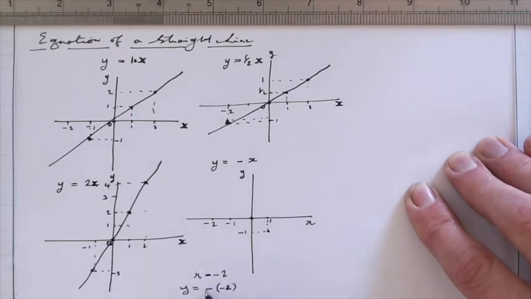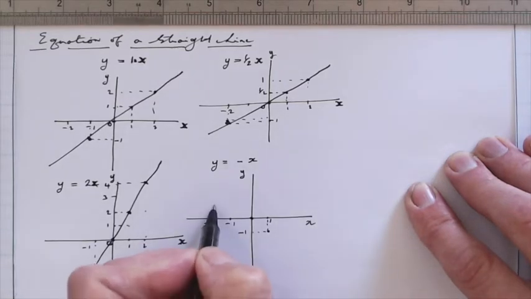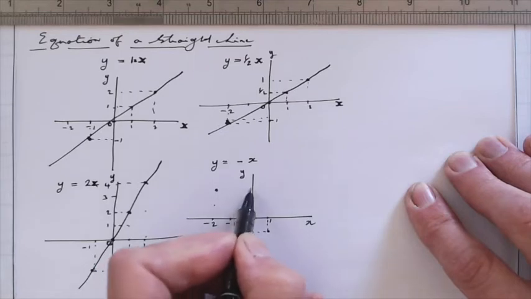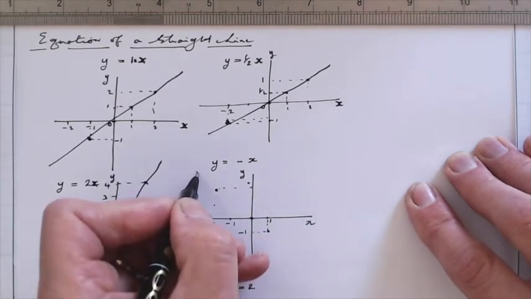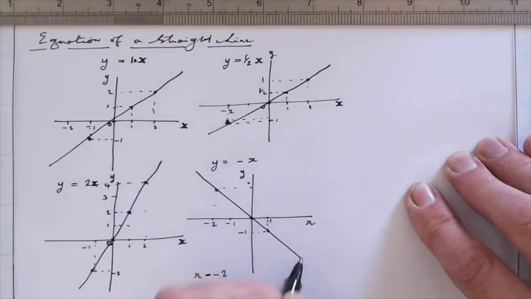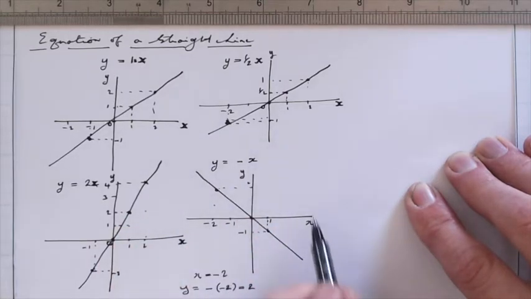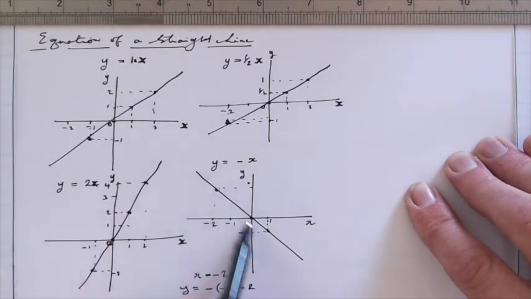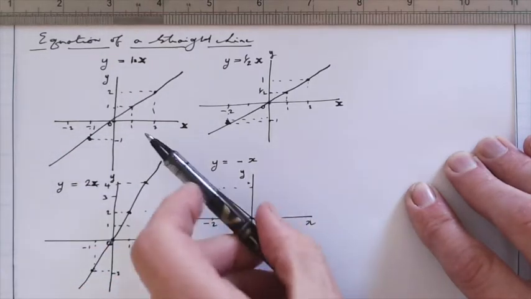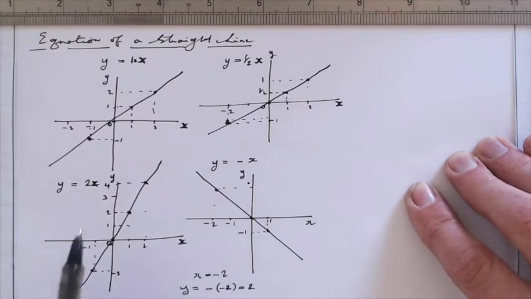That's like -1 times -2, which is 2. Okay, so y will be up here, and here's our line. This graph looks very much like this one, but sort of reflected. It has the similar slope, but the slope is negative instead of positive.